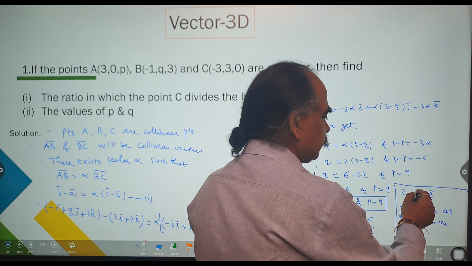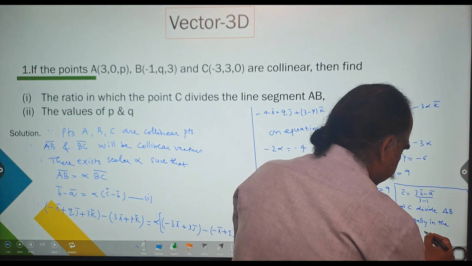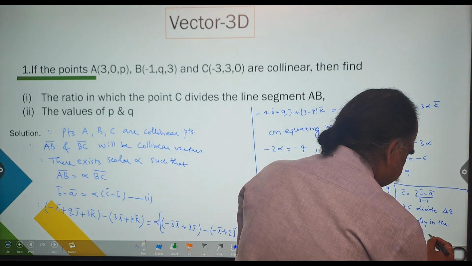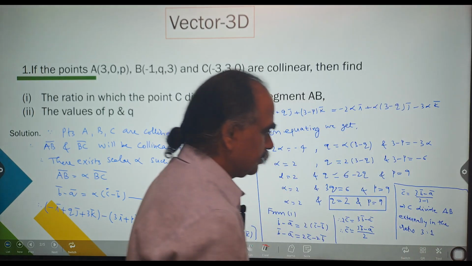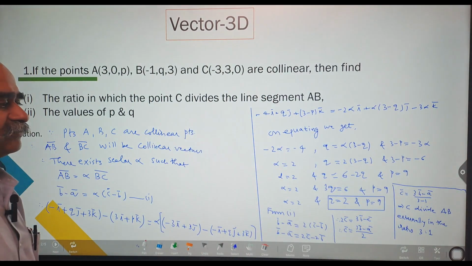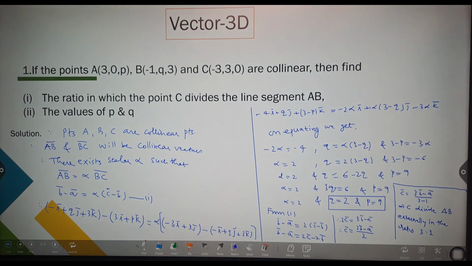So which number is multiplied to B? 3 is to 1. This is the ratio in which C divides segment AB.